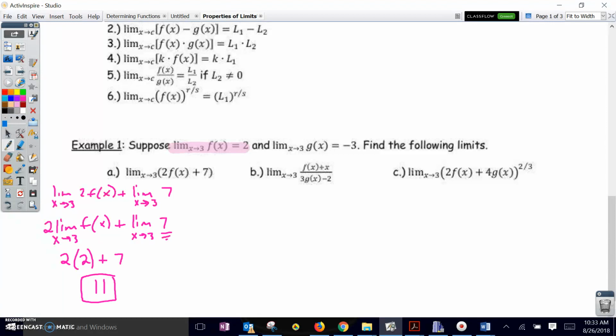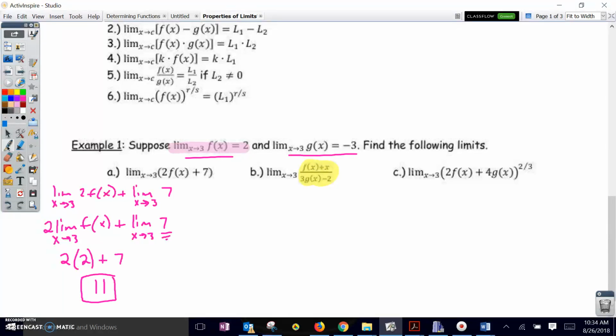Alright. Now, you'll find as we do this that basically the decomposition here means that when we take these limits as x approaches 3, and we know the limit values, we can just go ahead and substitute those in their respective positions in the limits that we're looking at.